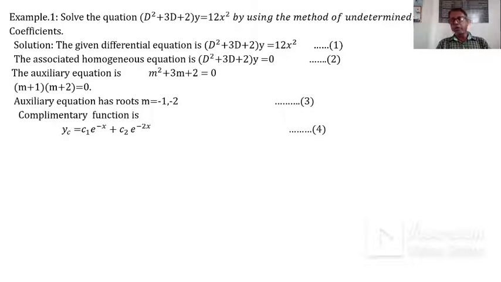Now here, if terms of x occur in the solution, this indicates that the roots are repeated. If there is a term of sine or cos, then this indicates that the roots are complex.